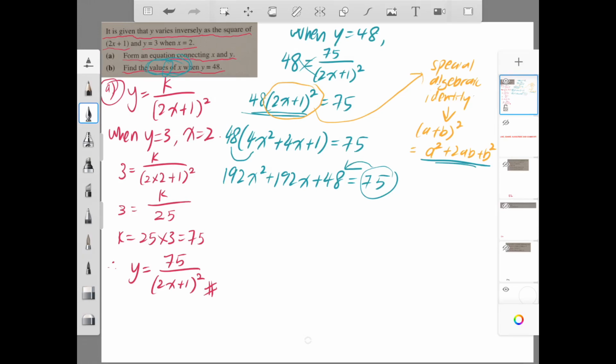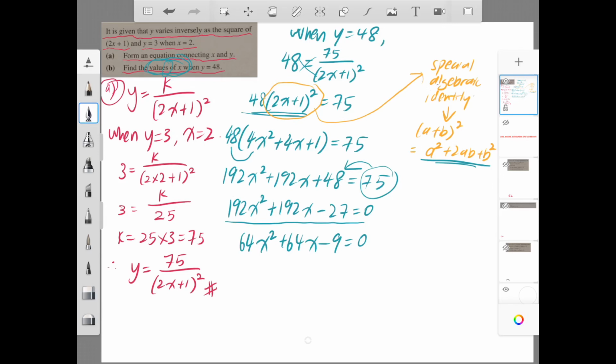So this will be 192x square plus 192x minus 27 equals 0, right? We can actually factorize out 3 from this equation to make it simpler for us to solve later. So this will be 64x square plus 64x minus 9 equals 0.